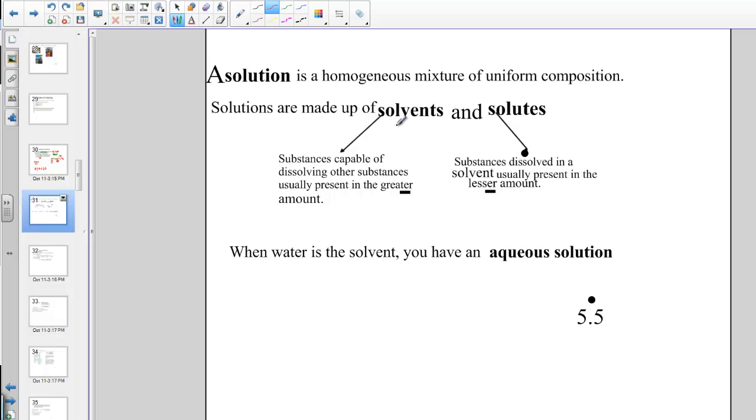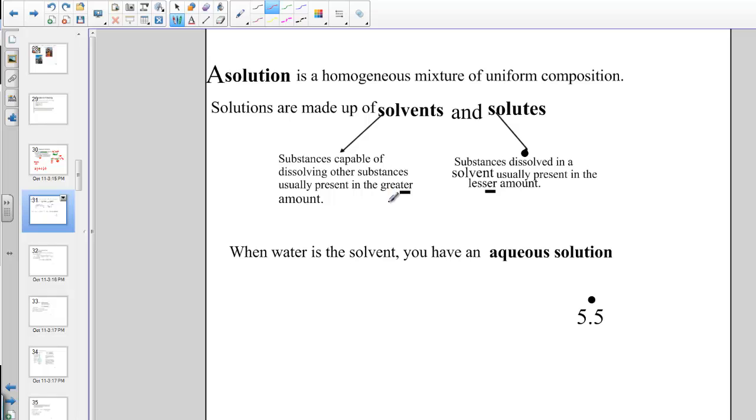So here's some words from our previous slide clearly defined. A solution is a homogeneous mixture of a uniform blend. Back when we first met each other in Chapter 1, we defined classification of matter. Matter that is a blend of many things but looks uniform throughout was called a homogeneous mixture. A solution has two components, the solvent and the solute.